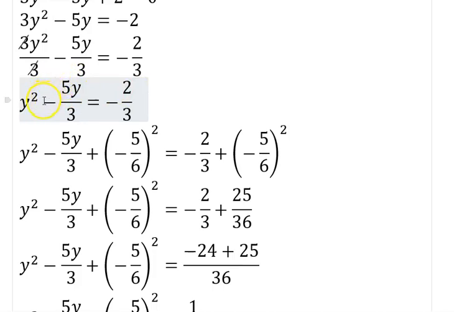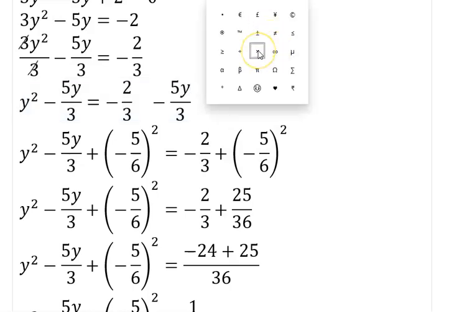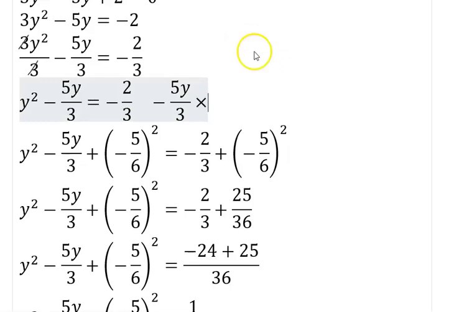If you say minus 5 over 3, we just quickly want to do something here. Minus 5 over 3, if you have that, multiply by half.